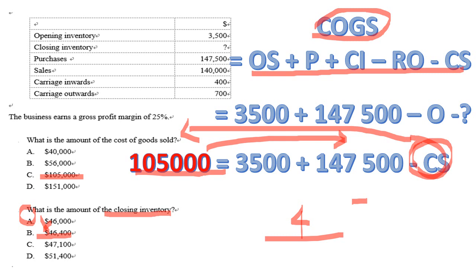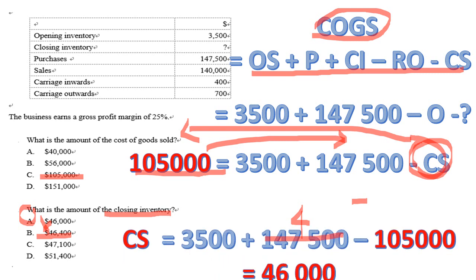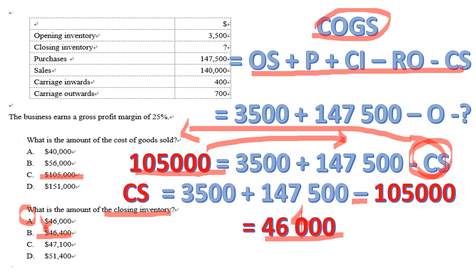So substituting into the equation, we can calculate the closing inventory. We change this figure to the left and that figure to the right, from positive to negative. So the figure for closing stock is 46,400. No, wrong here. It's 8.